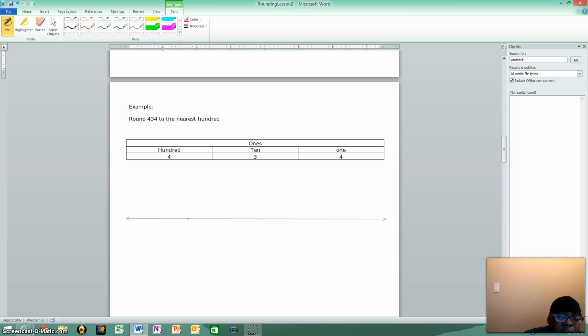Now, our first example is we're going to round 434 to the nearest 100. So now we have our number line. Now we're going to write our number, 434. We want to go to the nearest 100.